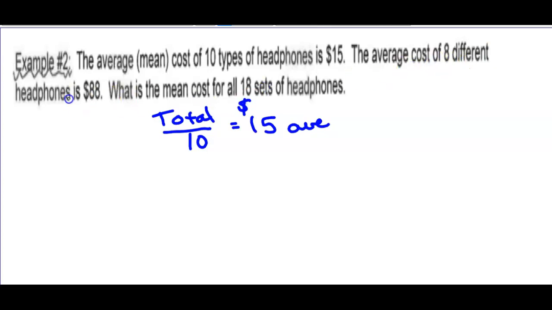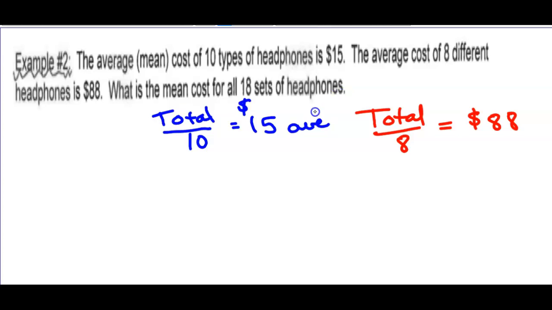The average of 8 different headphones is $88. So maybe we went to a different store, but we had the total and there were 8 of them and we ended up with $88. So what is the mean cost for all 18 sets of headphones?